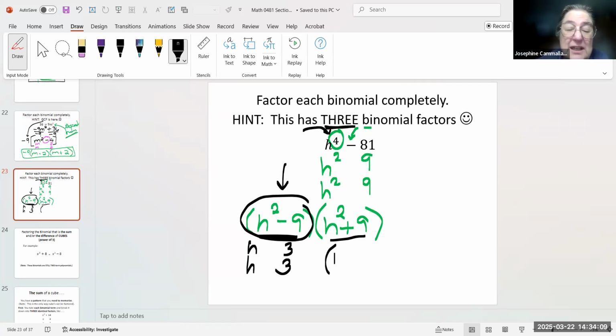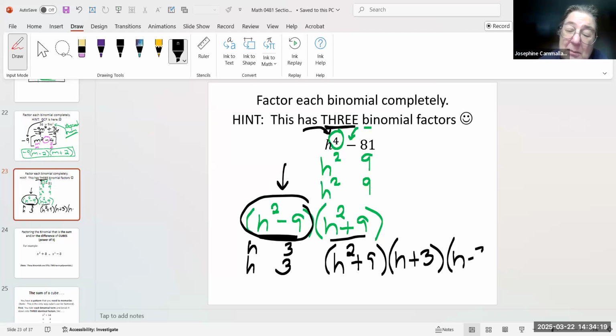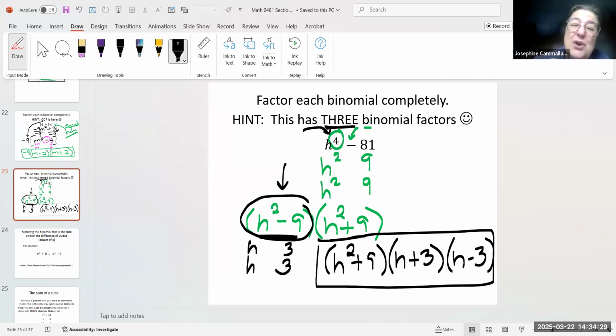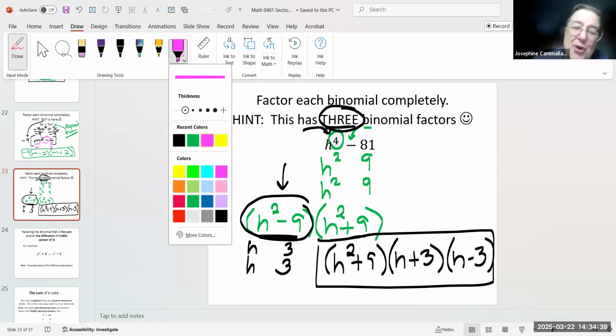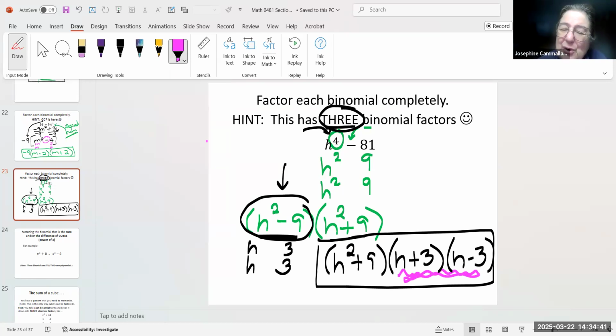Now, we always put the higher power first, so it's h squared plus 9. But then this is h plus 3, h minus 3. And I could have put h minus 3 first and h plus 3 in the end. But this gives us 3 binomials because the h squared minus 9 can go further. And that's what I've got to do.